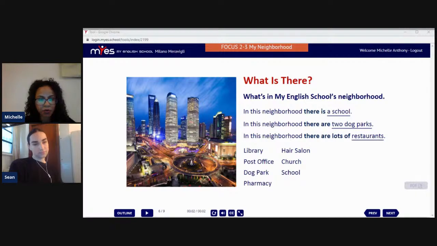So I think it's important to note there is and there are. We use there is when we use singular nouns, for example, a school. We use there are for more than one noun. So there are two dog parks.